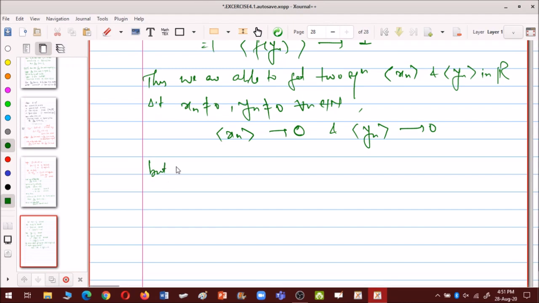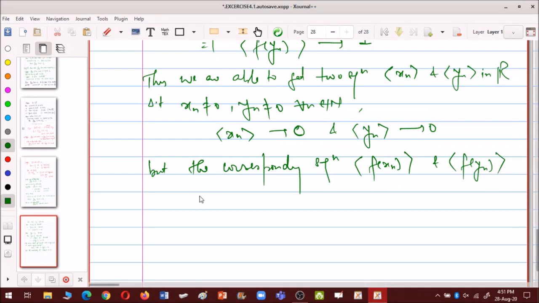but the corresponding sequences f(x_n) and f(y_n) converge to different limits.